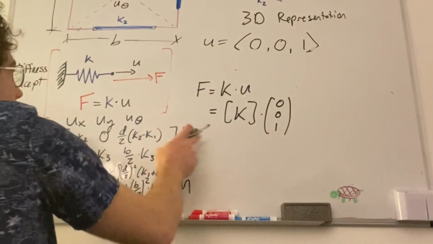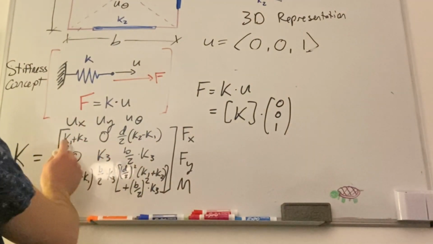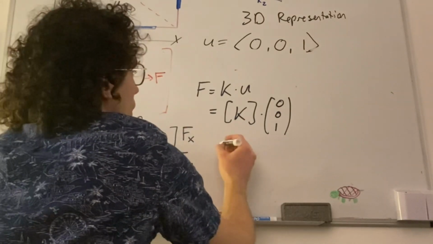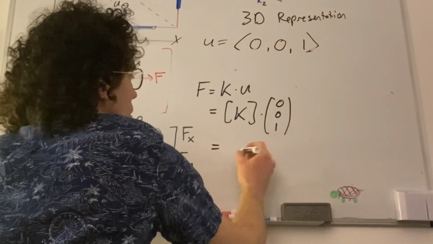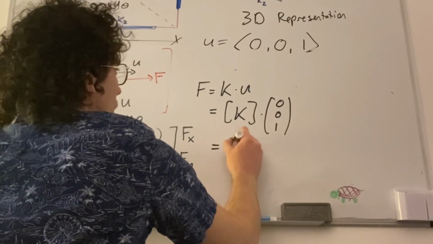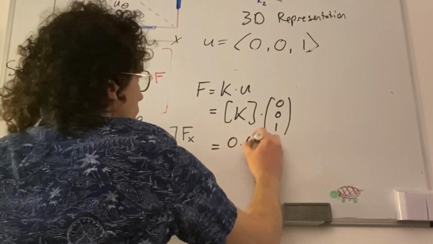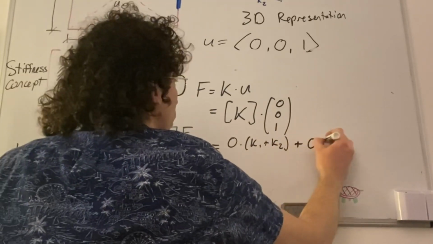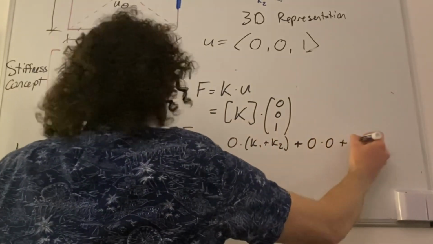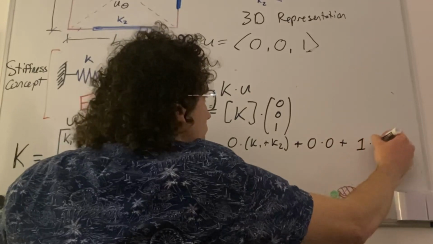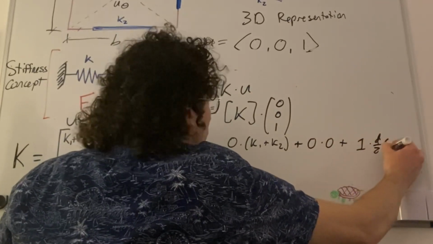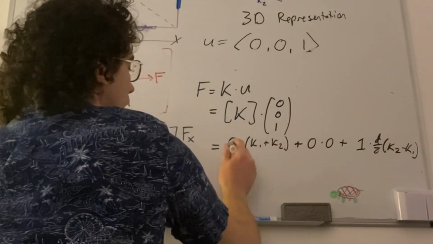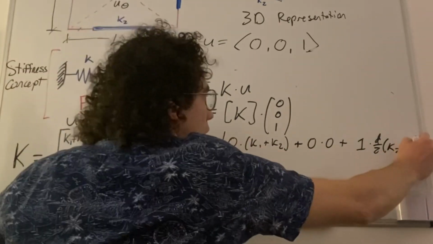So for Fx, it would be 0 times this first term, the K1 plus K2, equals 0 times K1 plus K2 plus 0 times 0 plus 1 times D over 2 K2 minus K1. And that's the first element.